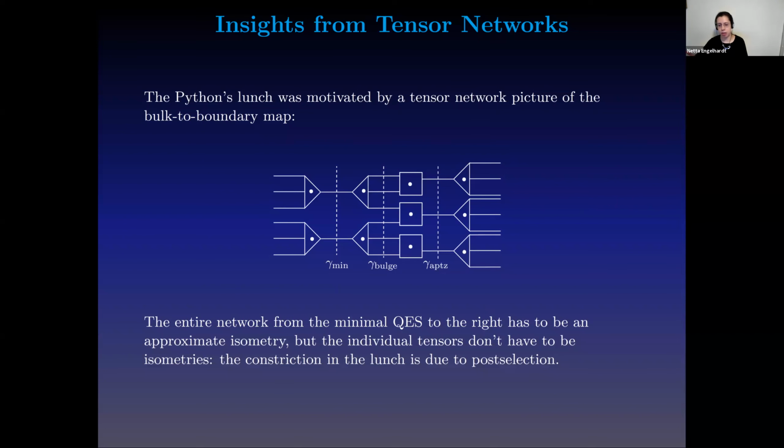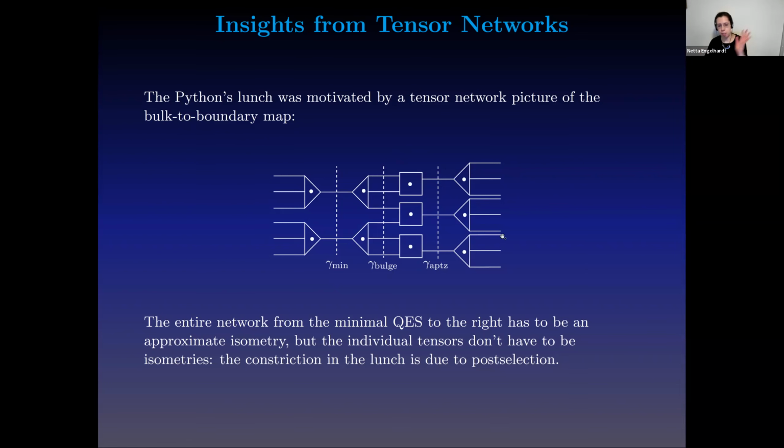The most efficient way that we know of doing this is Grover search, which looks for the right state, and it's effectively equivalent to an exponential number of legs implementing Grover search here to find this post-selected state. And so that explains this constriction here, which is the appetizer surface.